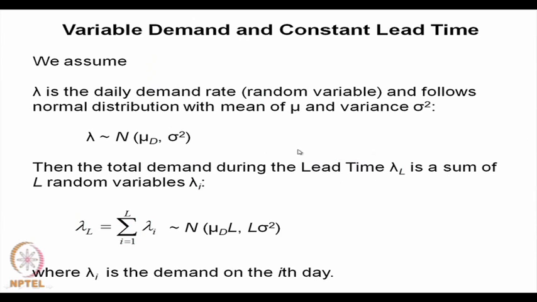Now, how do we handle it? We handle it using probability theory. If lambda is the daily demand rate, which is considered a random variable and follows a normal distribution with mean mu and variance sigma square, we have to use probability theory concepts.